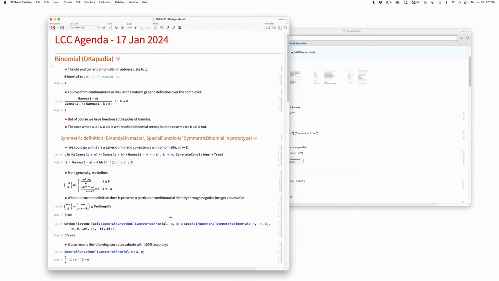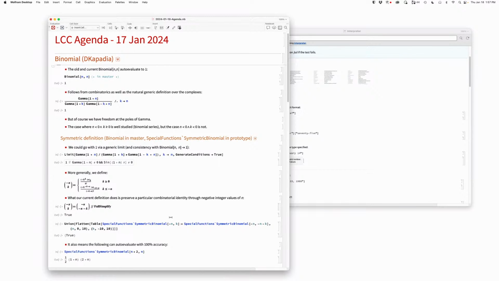We used to give 0, which was probably the correct decision, for binomial of minus n, minus n, where n is a positive integer. So binomial of -1, -1 would give 0, binomial of -2, -2 would give 0, etc. And then we tried to do some analytic continuation, and that was a stupid idea. No, that is not what happened.